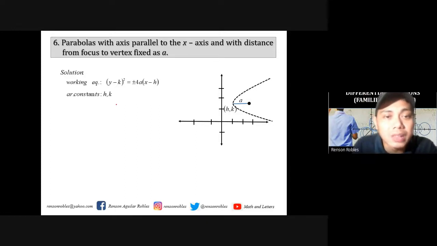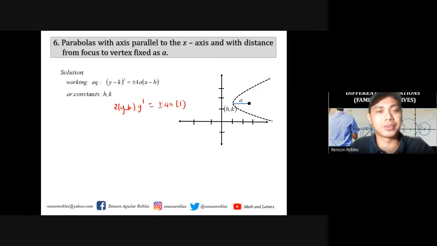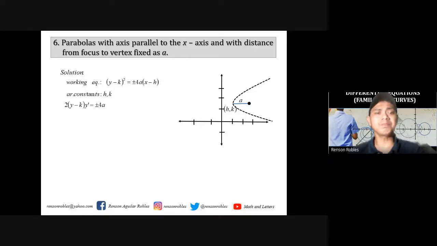Differentiating, you will have 2 times (y minus k) y prime equals plus or minus 4a, since the derivative of x is 1 and the derivative of h is 0. Then you can divide everything by 2 to make this a little simpler: (y minus k) y prime equals plus or minus 2a.